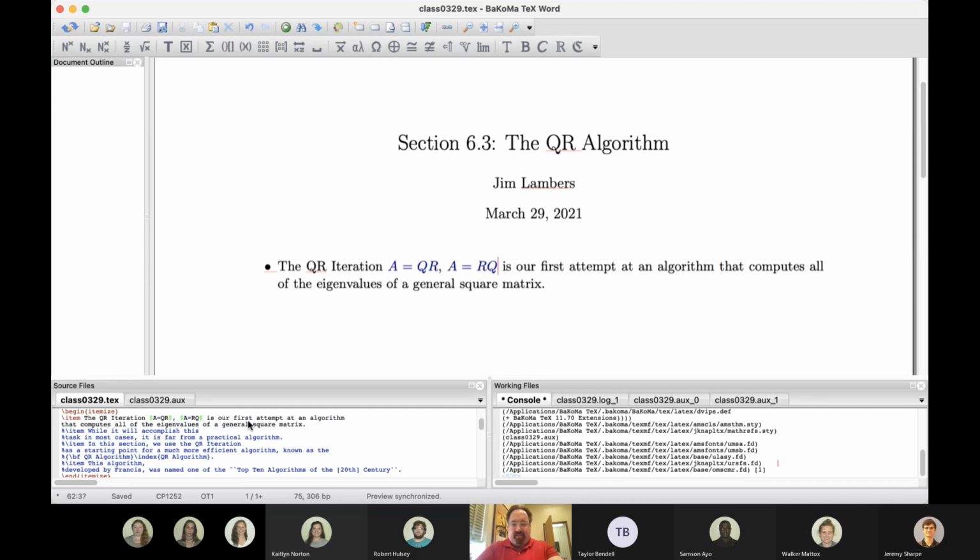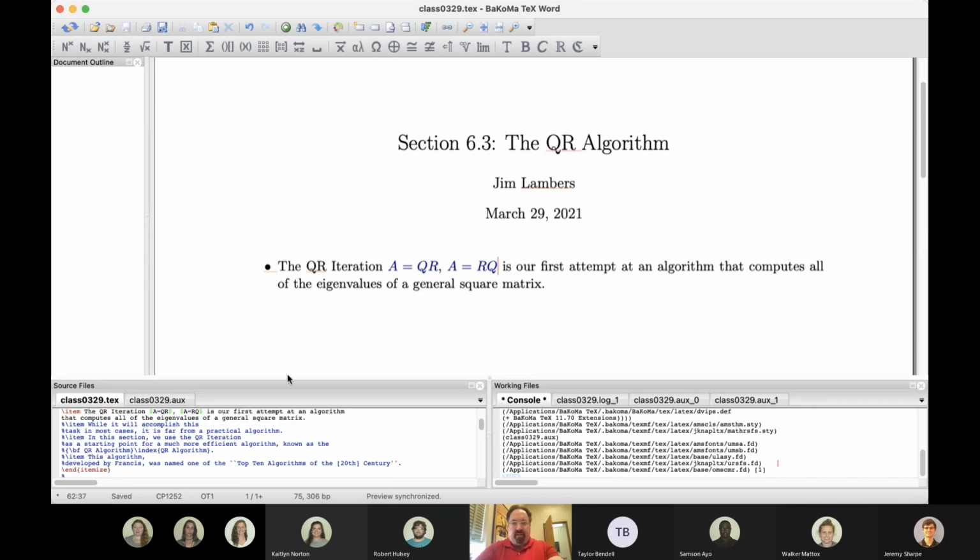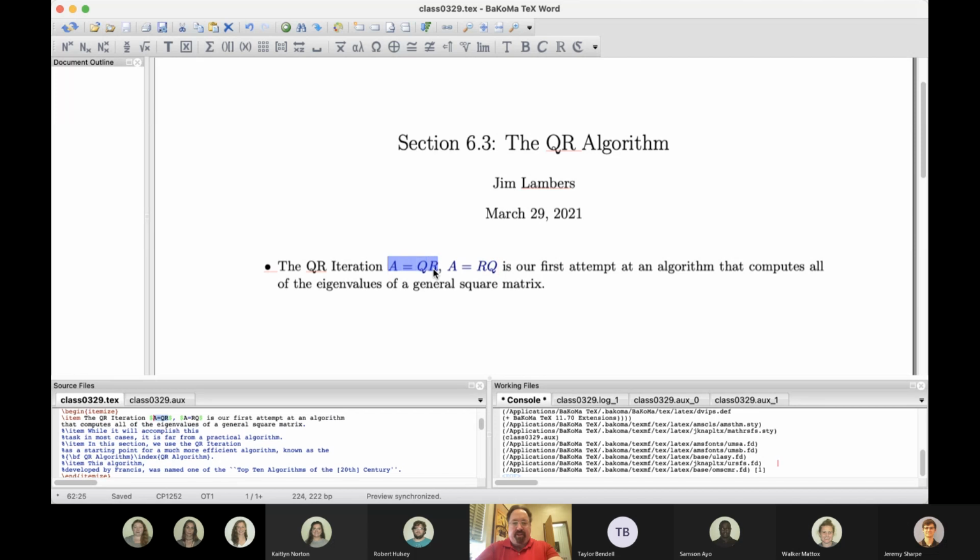This works because if you look at this equation and rearrange it, you find that R is equal to Q transpose A, because Q is orthogonal. So if I use that in here, that means that the new A is Q transpose AQ. And because Q is orthogonal, Q transpose is Q inverse. This is a similarity transformation of A, so it has the same eigenvalues as the original A, but is hopefully something closer to upper triangular form.